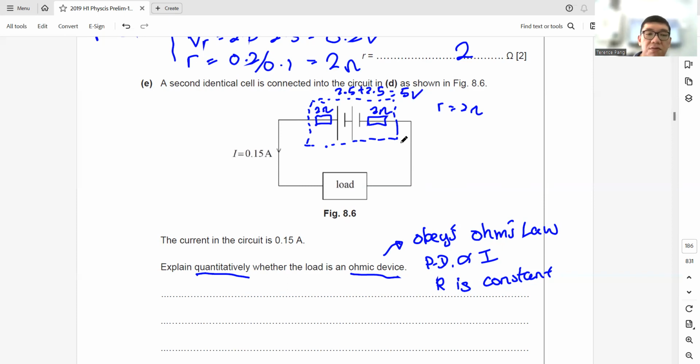Because you are asked to explain quantitatively, you are given numbers here, so you are supposed to express your answers with working. First, you need to find your total current. You need to assume that the device is ohmic.